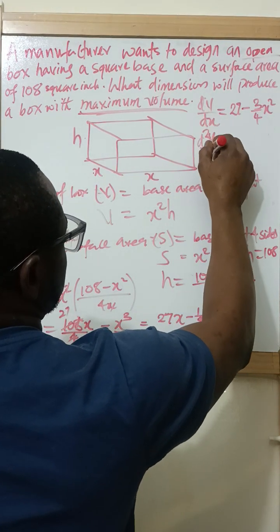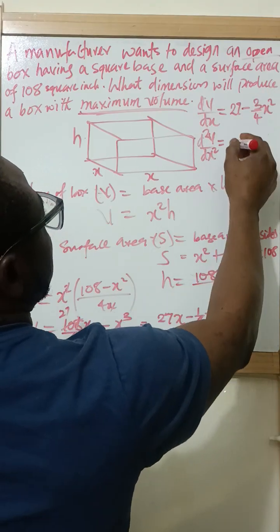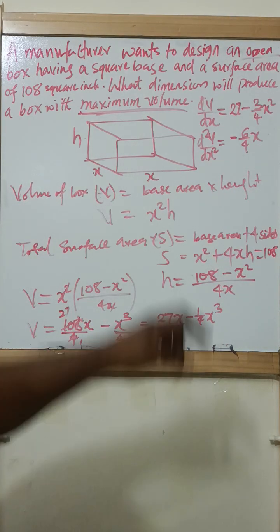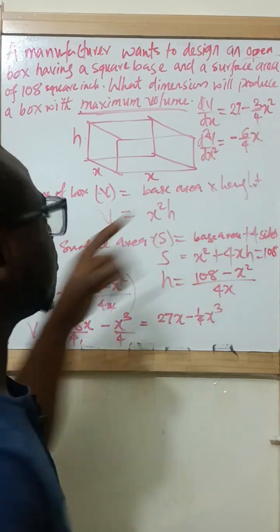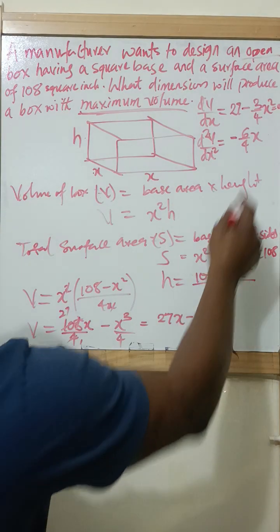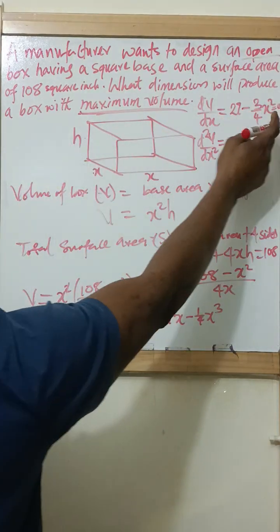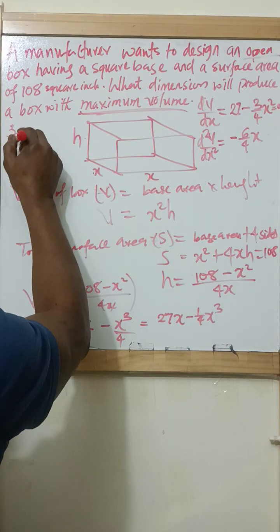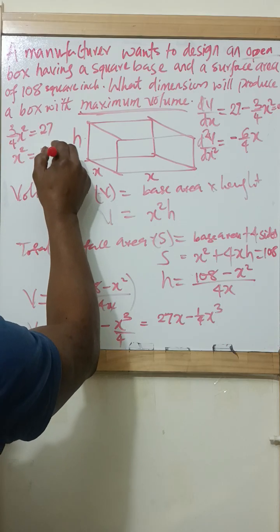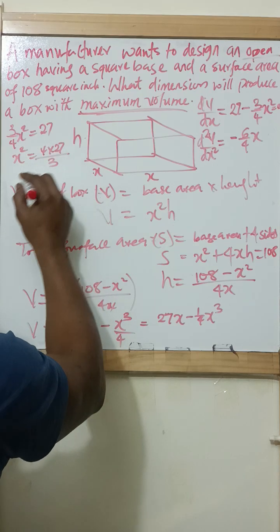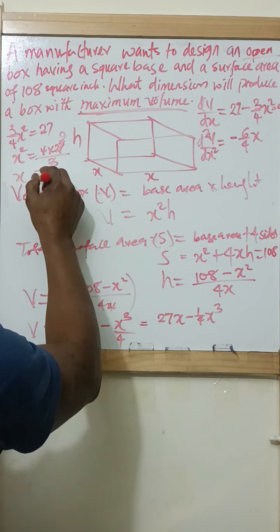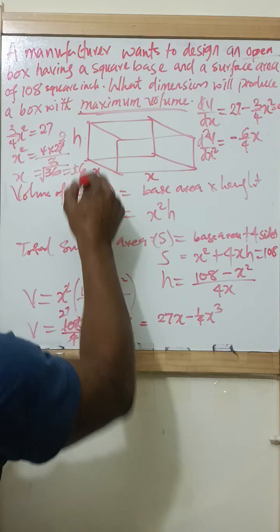The second derivative, d squared V over dx squared, is going to be minus 6x all over 4. But first, let's equate this to 0 and find the value of x. 3 over 4 x squared equals 27. So x squared will be 4 times 27 all over 3. 3 in 27, that's 9. 9 times 4, 36. So x will be the square root of 36, which is plus or minus 6.